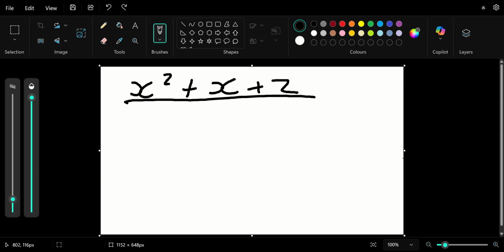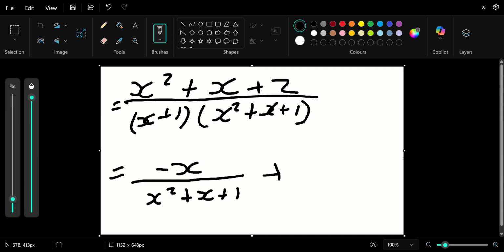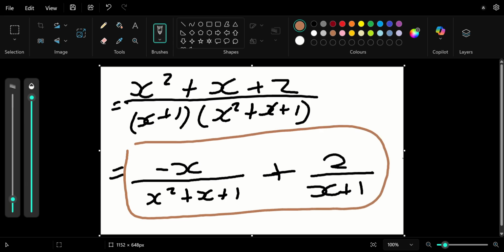So for x squared plus x plus 2 all over x plus 1 and x squared plus x plus 1, all of that is going to be equal to our ax plus b, and we've established that a is minus 1 and b is 0, so we'll have minus x all over x squared plus x plus 1, and here we had c over x plus 1, but we've seen that c is equal to 2, so 2 over x plus 1. And this will be your final answer.